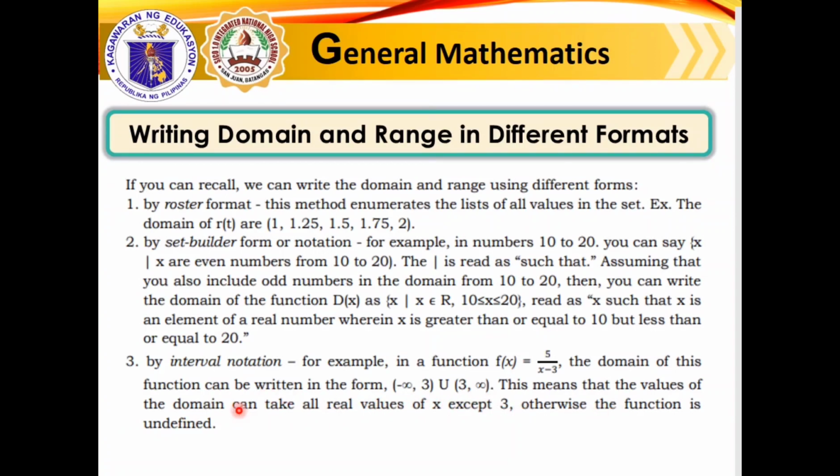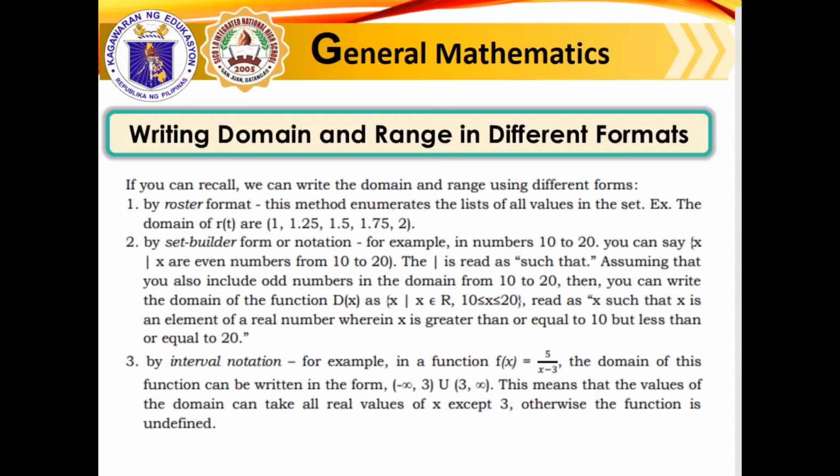So meaning to say, you can have all the real values from negative infinity to positive infinity except 3. Why? If we have the value of 3, the denominator will become 0, thus the rational function will be undefined. So that will be the restriction.